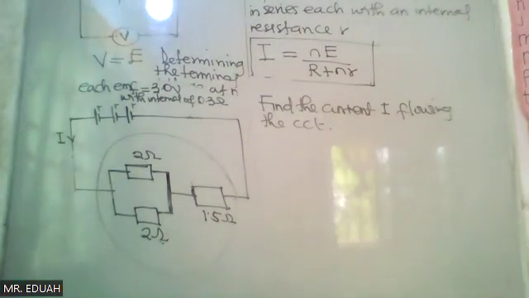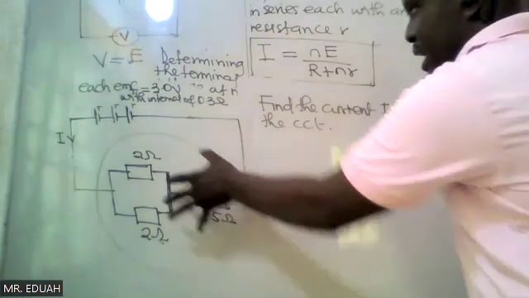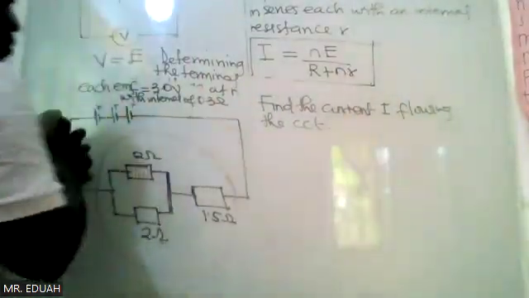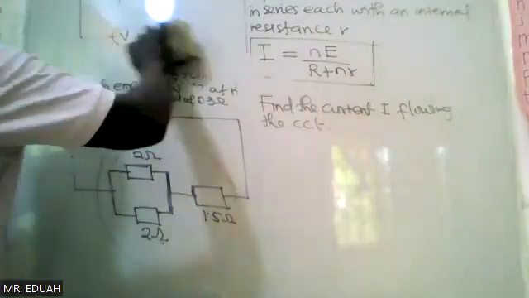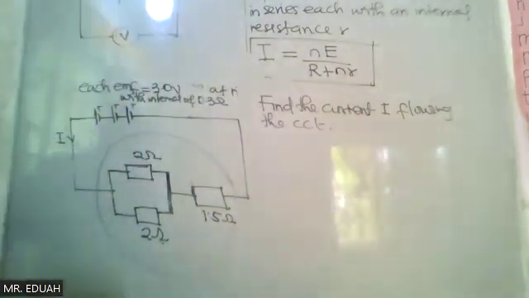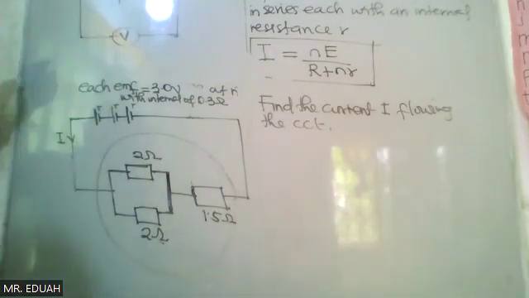Is that the diagram for the question? Yeah, this is the diagram. So each of the batteries has an EMF of 3 volts and an internal resistance of 0.3.